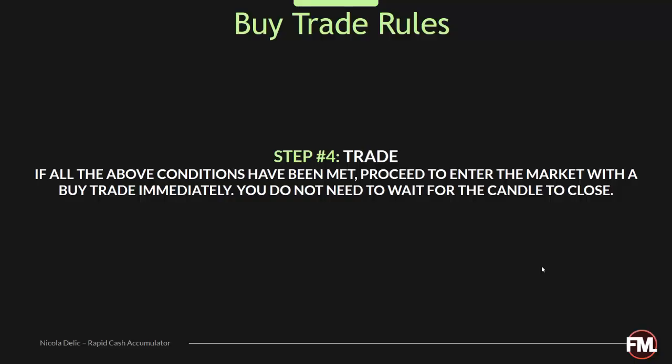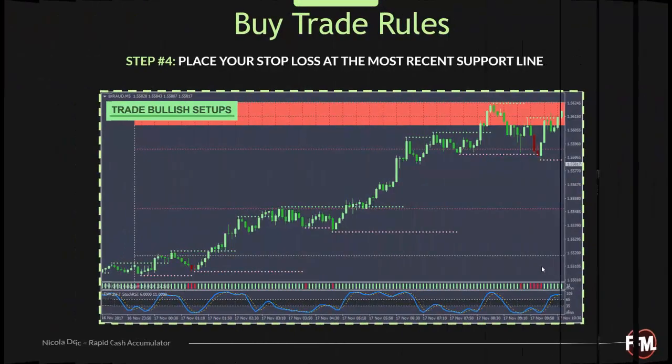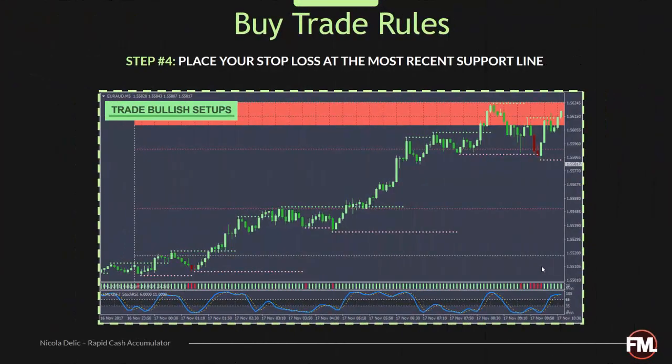Step 4, trade. If all the above conditions have been met, proceed to enter the market with the buy trade immediately. You don't need to wait for candle to close. So as soon as you spot that breaking point and you check, better to say confirm, you can enter a trade. Place your stop at the most recent support line.